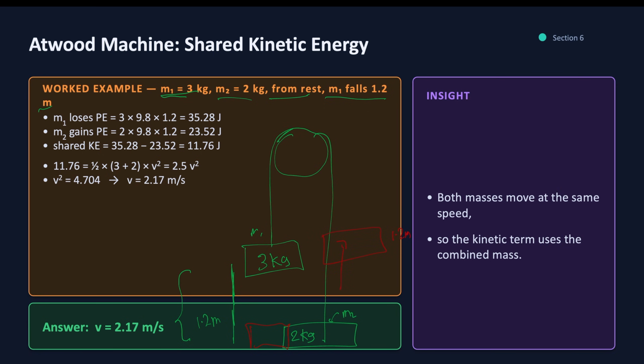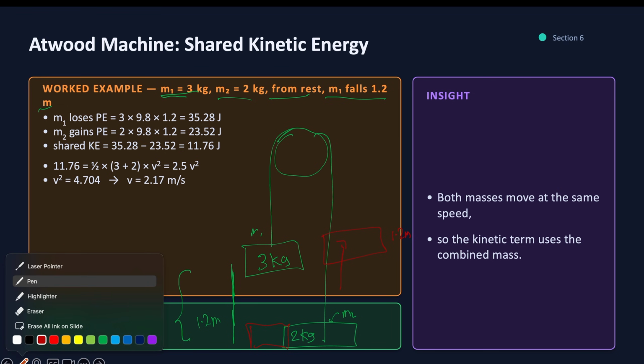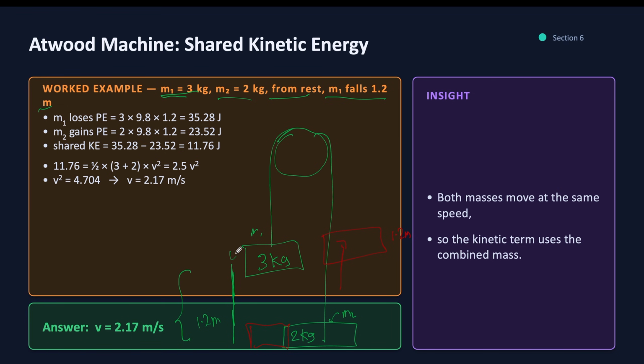So if I was to write the equation for this, initially, we have only gravitational potential energy here, mgh. In this case, it's m1, the heavier mass. And then after that, we have m2gh, right? Because it stays at the same height, 1.2, 1.2. That's why these heights are just represented as one variable, right?